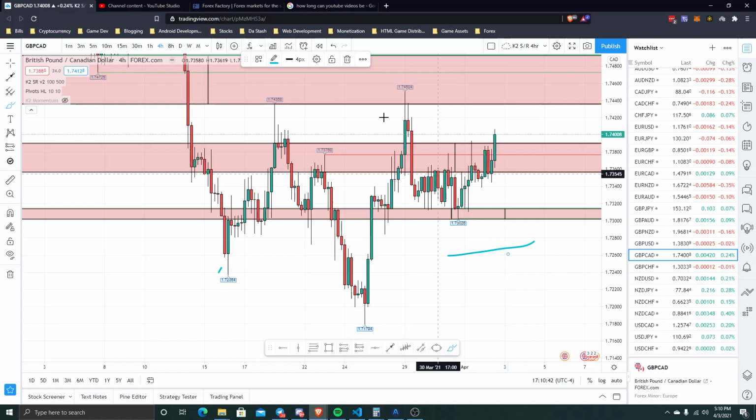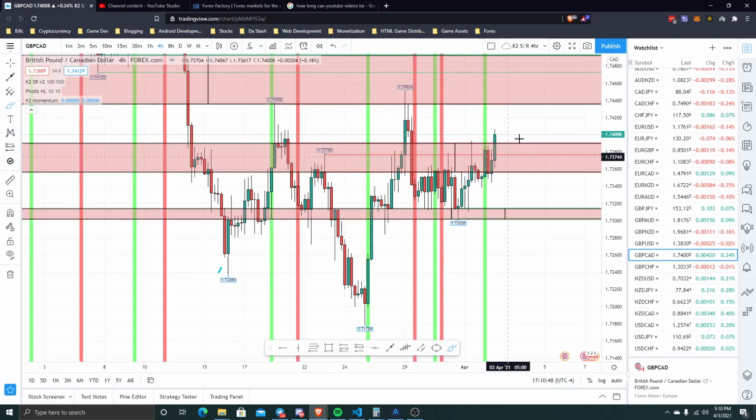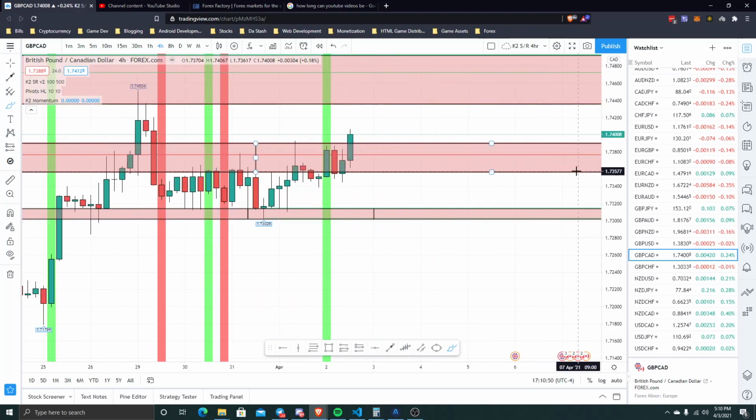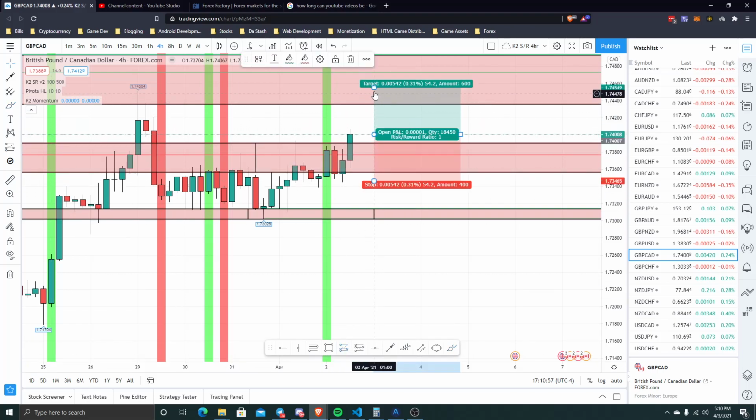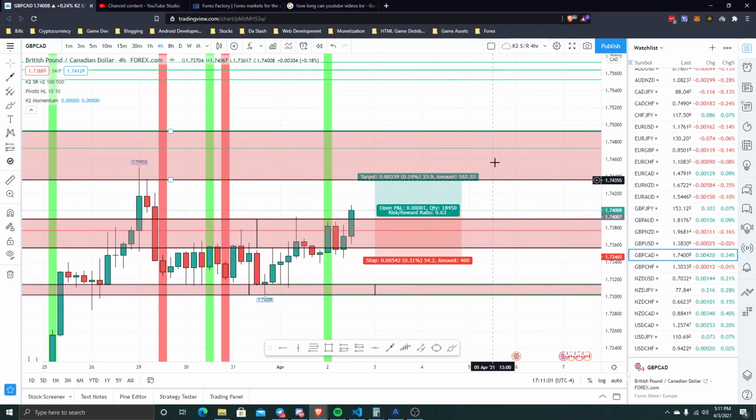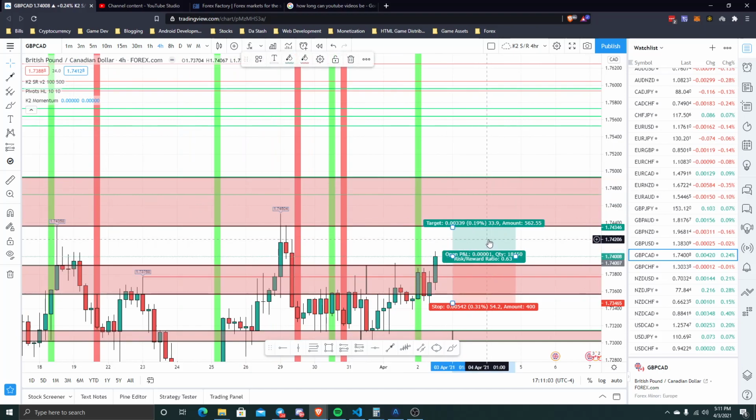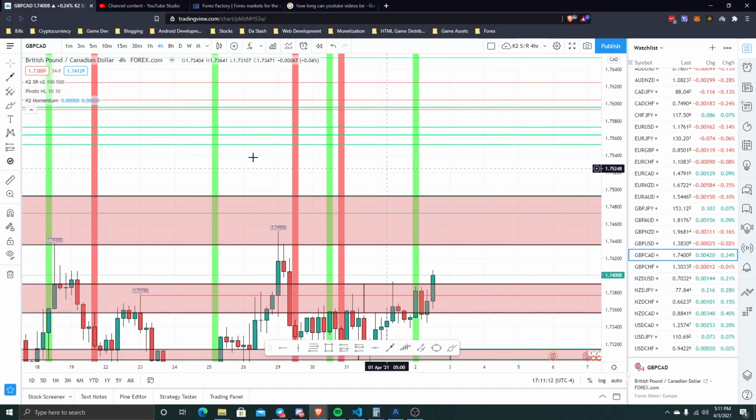So when it comes to GBP CAD, our last bias that we had was a bullish bias, and to be honest, nah, it's not worth it. Nah, never mind. I thought that can be a potential trade setup between these two zones right here, but nah, that's too little of an area.